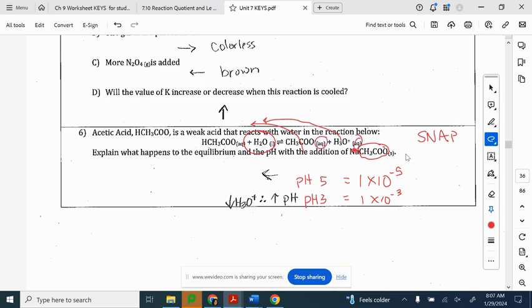So your sodium is just floating around as a sodium ion, which means this is also floating around as an ion. If we increase that amount of stuff, it's got to shift this direction and form more of this acetic acid.